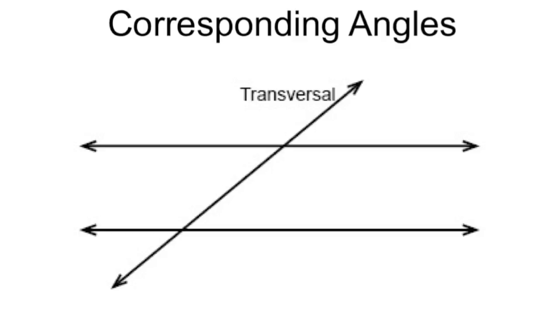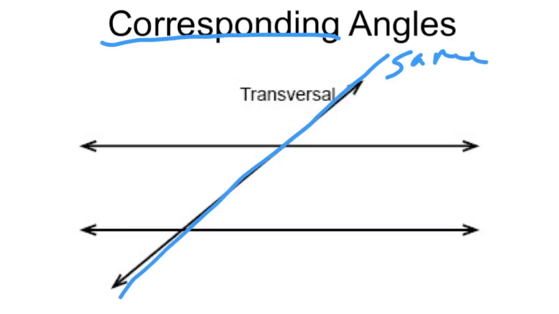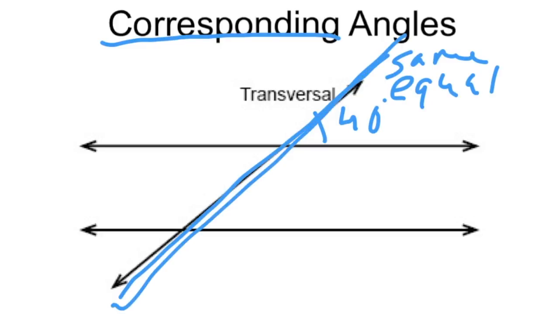The first one is corresponding angles. Corresponding angles are when you have a transversal crossing the parallel lines, and on the same side, you're going to have two equal angles. This 40 degrees will match with another 40-degree angle just above the second parallel line.